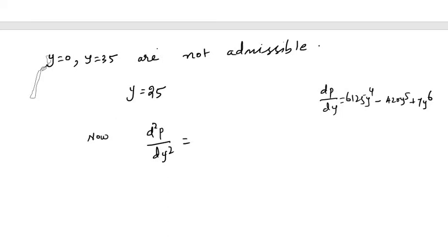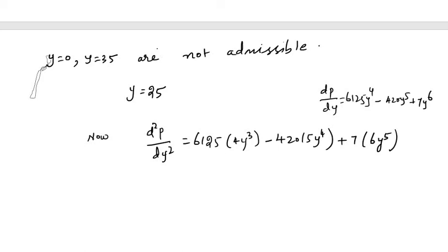This is the first order derivative. Now we have to find d square p by dy square. See what you will get. This is 6125 into differentiation of y power 4, that is 4y cube, minus 420 into 5 into y power 4, plus 7 into 6 into y power 5. Right?